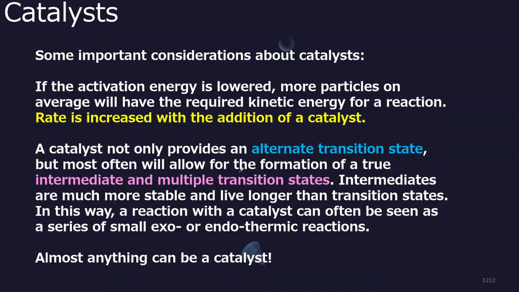Intermediates are much more stable and live longer than transition states, and in this way, a reaction with the catalyst can often be seen as a series of small exo or endothermic reactions smashed together. And as I said, almost anything can be a catalyst, any kind of atom or structure or molecule.